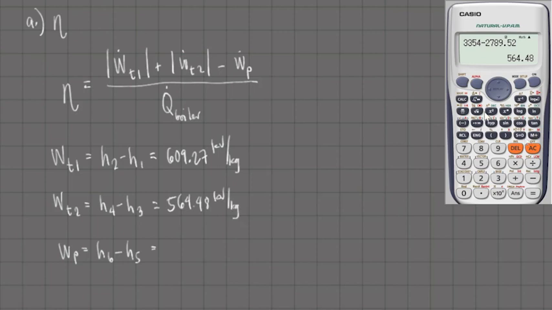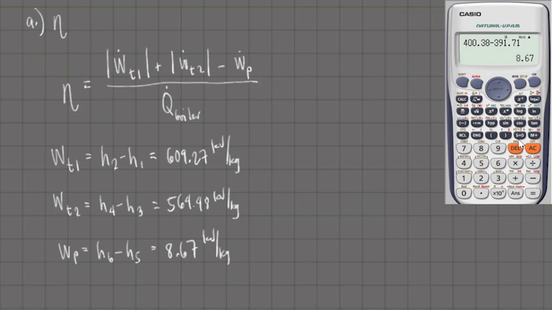Next, for the pump, that is H6 minus H5, 400.38 minus 391.71, 8.67 kilojoules per kilogram. If you compare the magnitudes of the power generation and the power consumption, the power generation is much greater than the power consumption. Okay? Nevertheless, it is still important to include the contributions of the pump in the process.